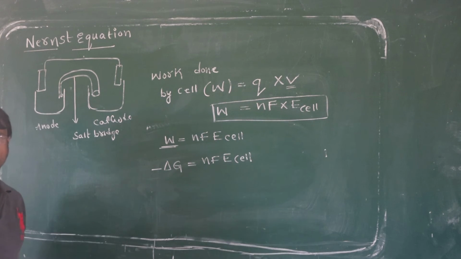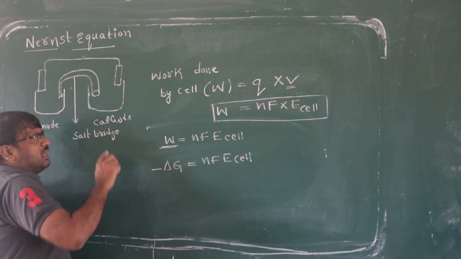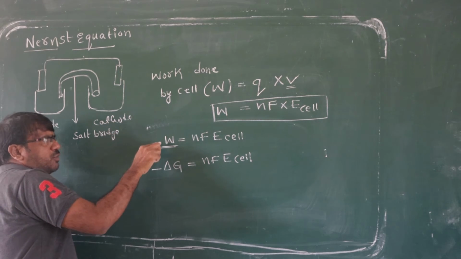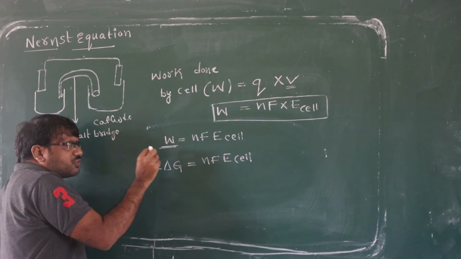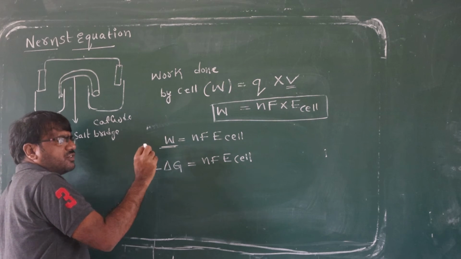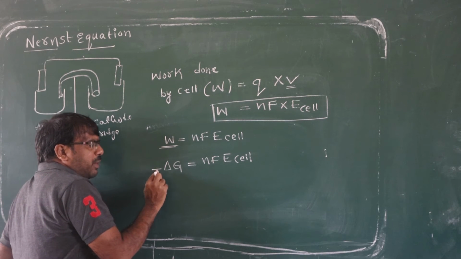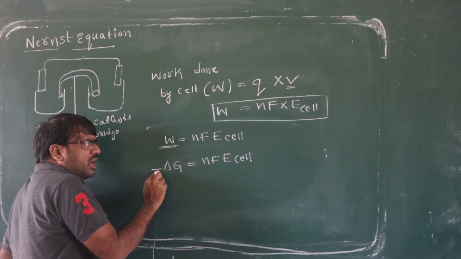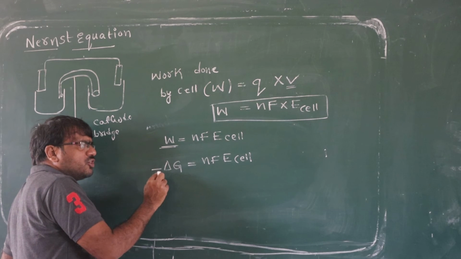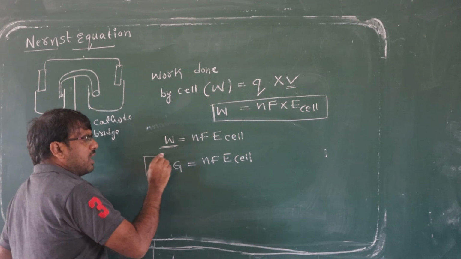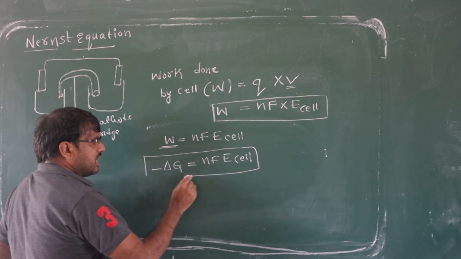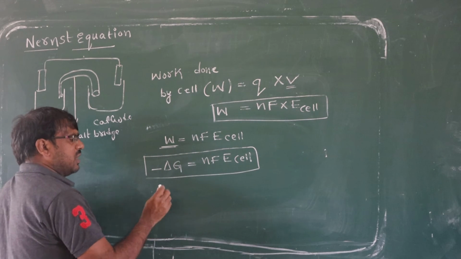Because of some work, it loses its Gibbs energy. So that's why minus indicates it is utilizing some energy to do useful work. So we can write minus delta G is equal to nF E cell.